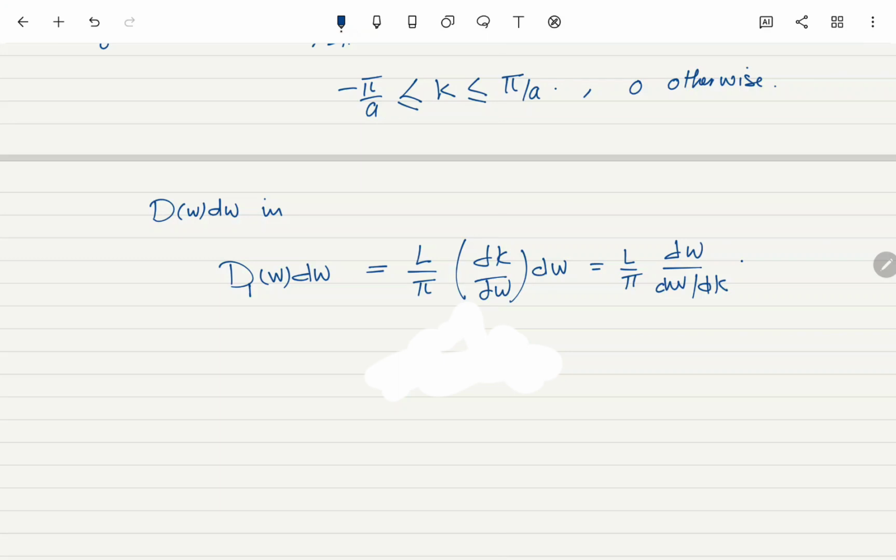Now we will come to the main part. Here is calculating the density of states in 3 dimensions.